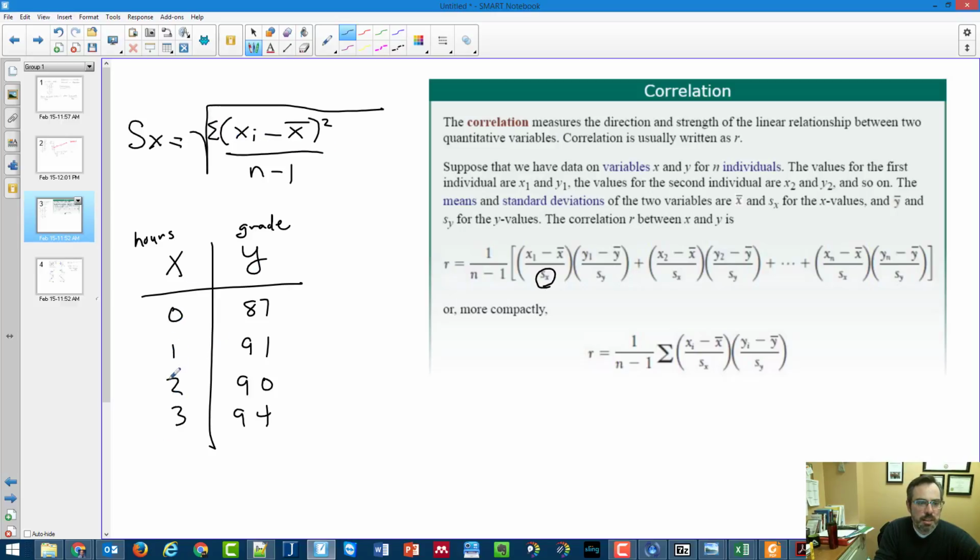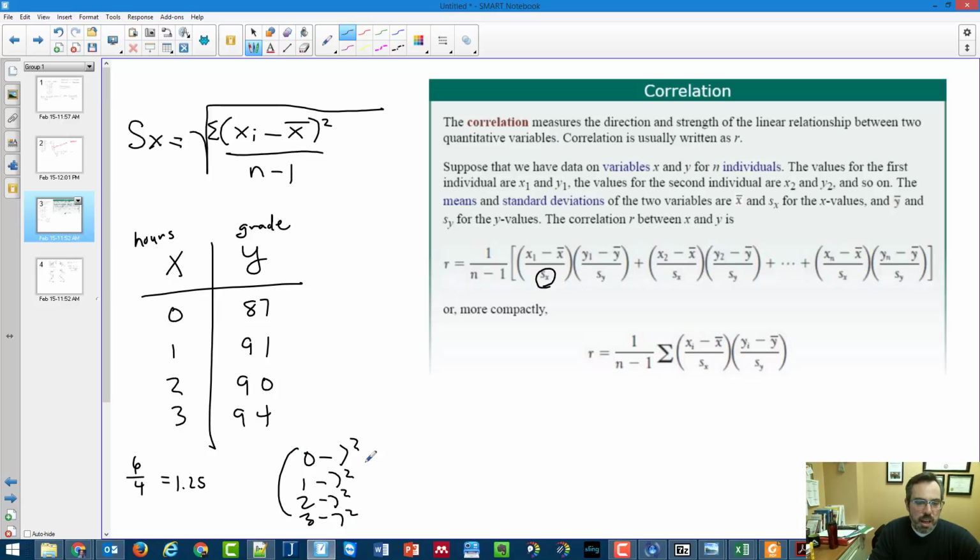So the average here, 0 plus 1 plus 2 plus 3 divided by 4, we'll just say 6/4, which is like 1.25. But anyway, you'd have to do 0 minus that, and 1 minus that, 2 minus it, 3 minus it. You'd have to take each one of them and square it.